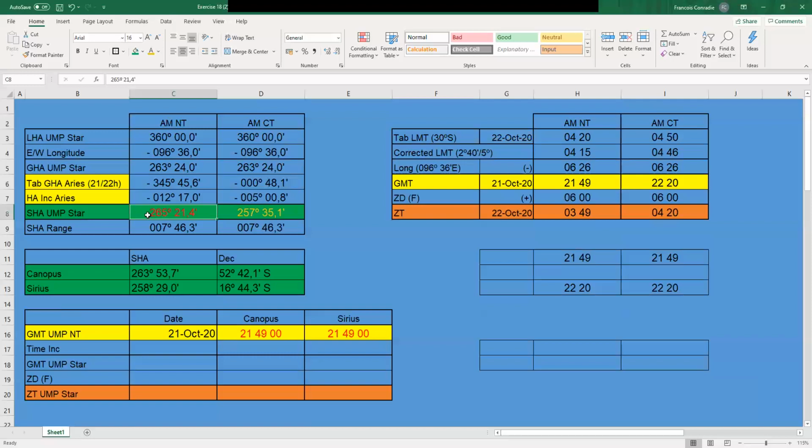So this SHA links to this time in the sense that at exactly 21:49, any star that is at Upper Meridian Passage at exactly this time will have an SHA of 265. So this SHA of 265 is the limit, or the starting value for the range we're trying to find, because that is the SHA at this time.